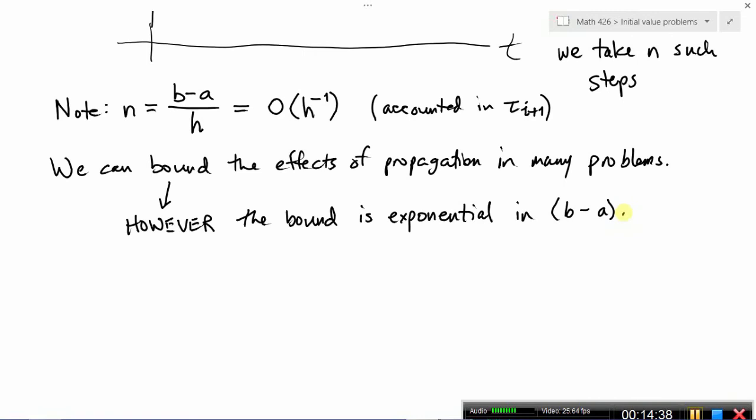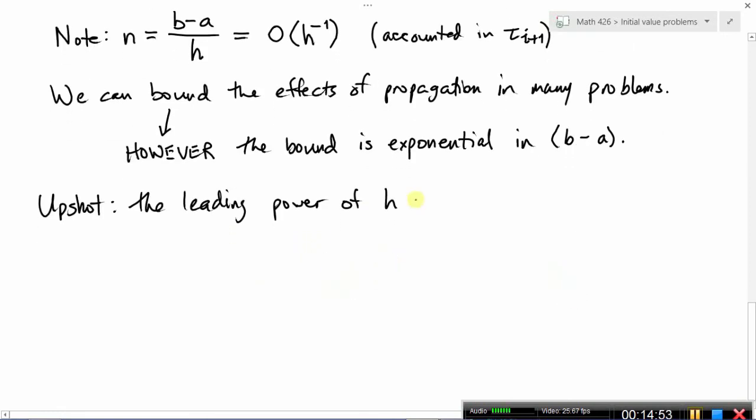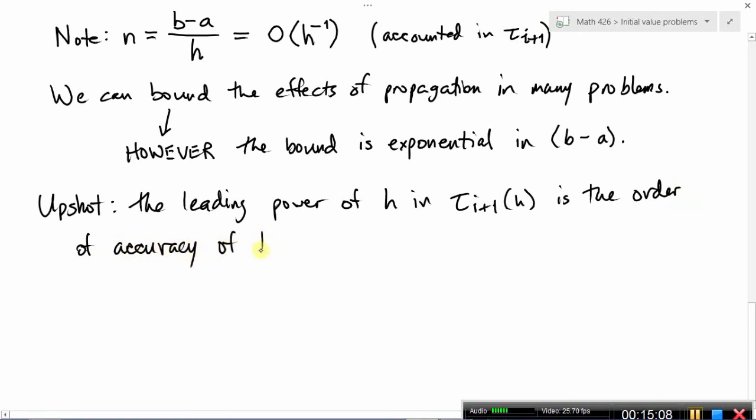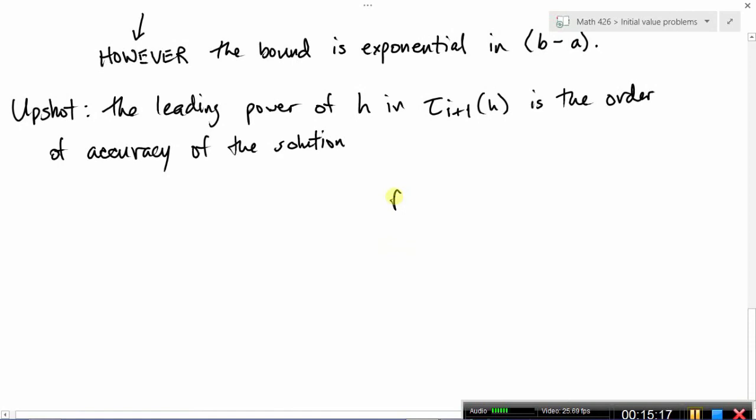Okay, so the upshot, the bottom line, is that the leading power of h in the local truncation error is the order of accuracy in the global error, or let's say of the solution for all t in the interval.